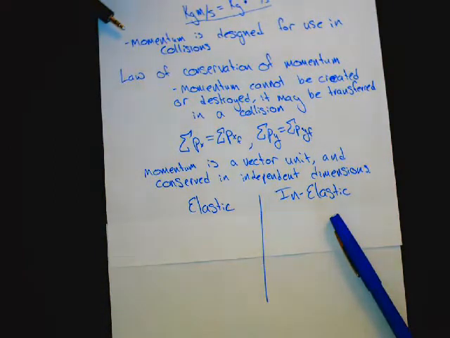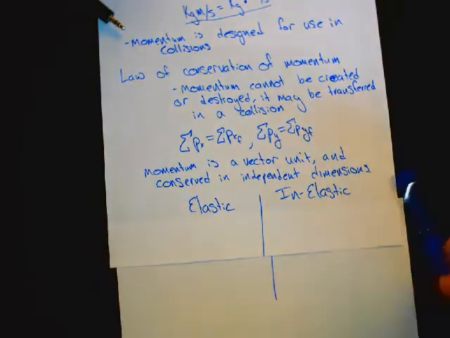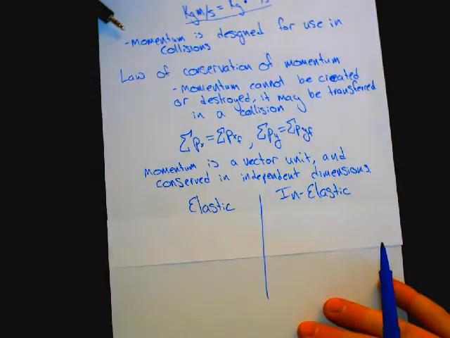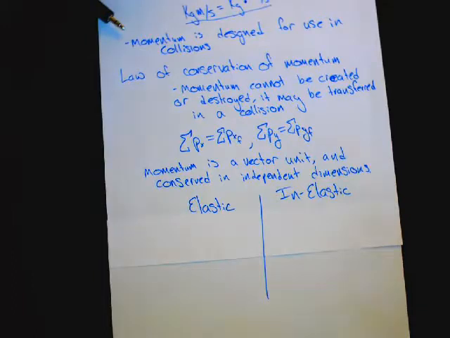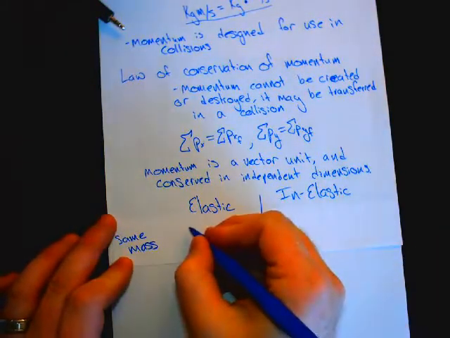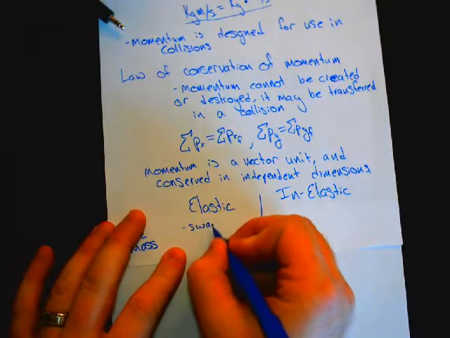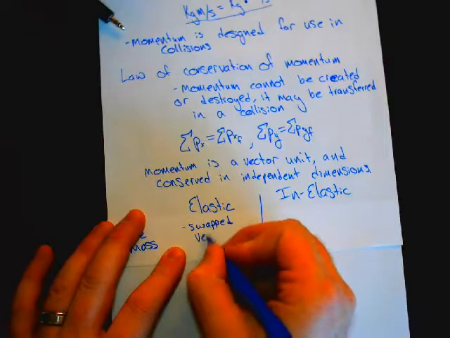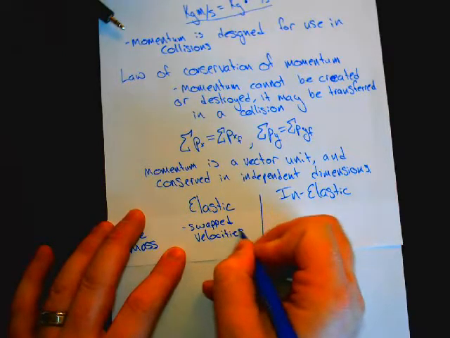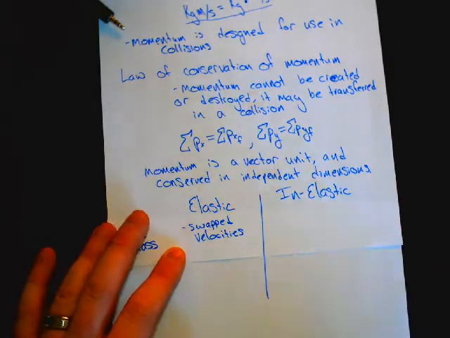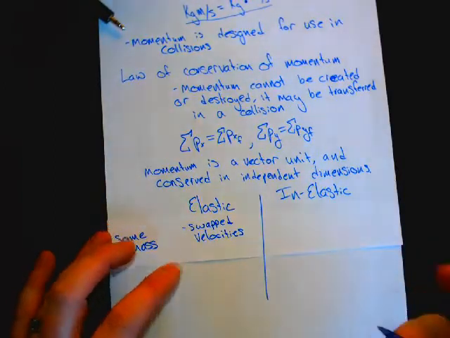First thing we're going to do is look at some elastic collisions. What I'd like you to do is jot down some observations as we look at them. We noticed that they kind of swapped velocities. The one that was moving stopped. The one that was at rest began moving with the original velocity.